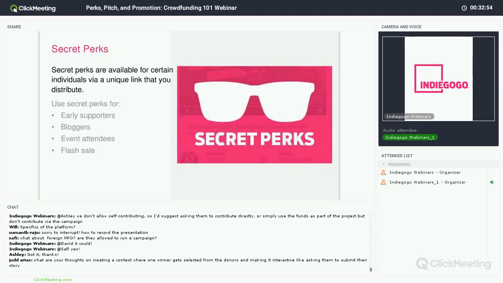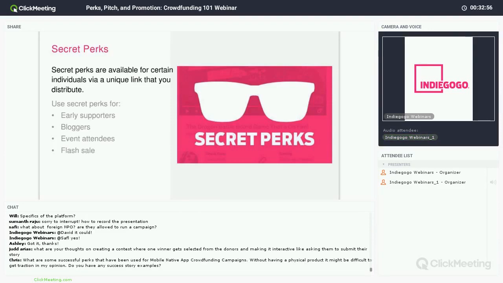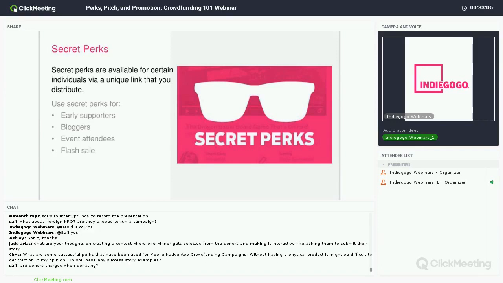If you're tapping into your actual internet community, you can track who is sending what where. It's also a great way to incentivize bloggers to actually write about it, because then it looks like their audience gets something for a special deal. Early supporters, sending out an email to people that are on your email list with a secret perk link saying, thanks so much for all of your help so far.